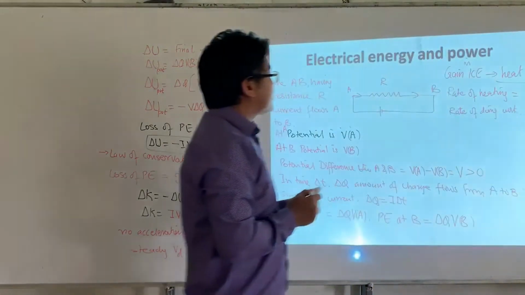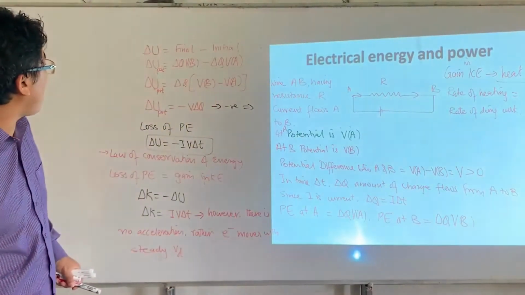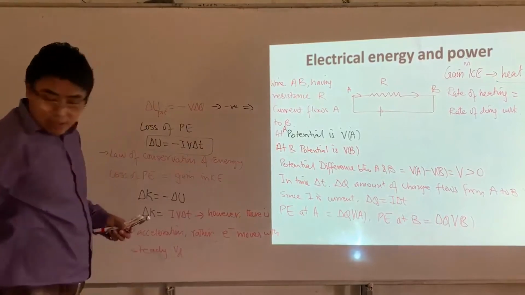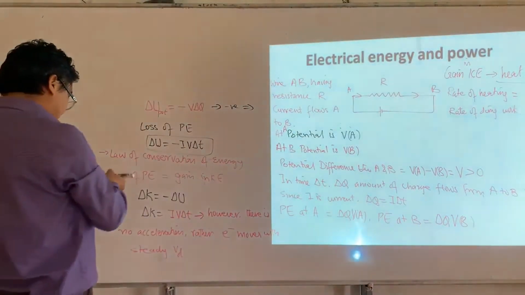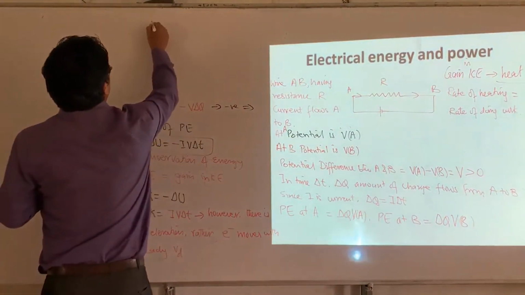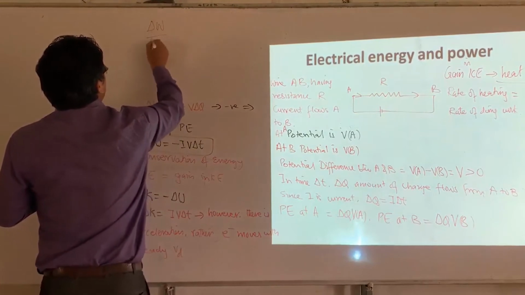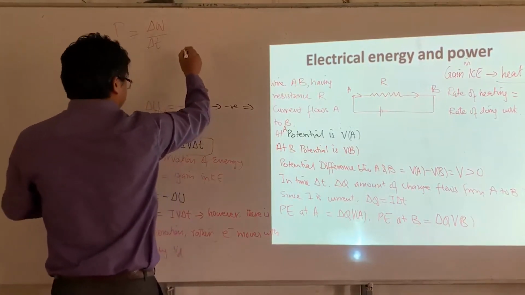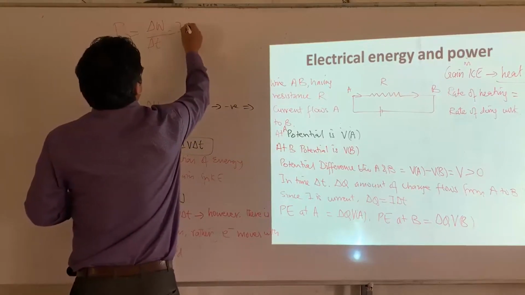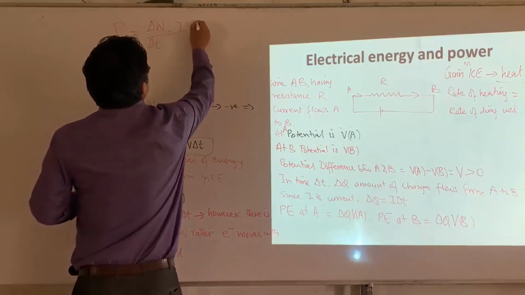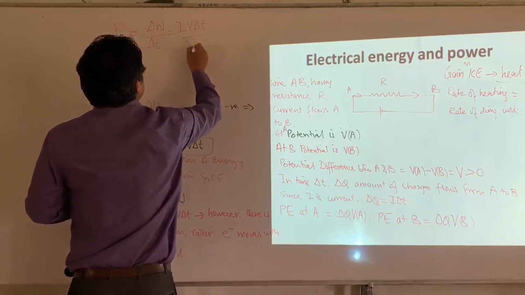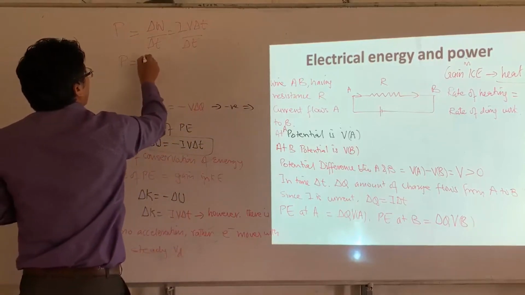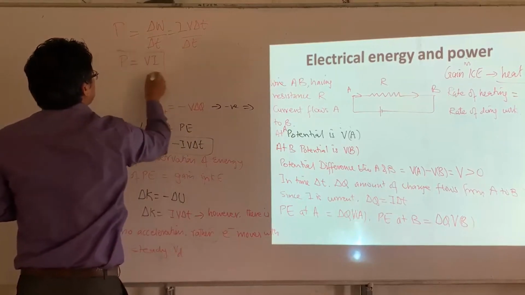So what is that rate of work? It is delta W divided by delta T, which we call power. It is IV delta T divided by delta T, cancel out, so the power is going to be VI. This is power.